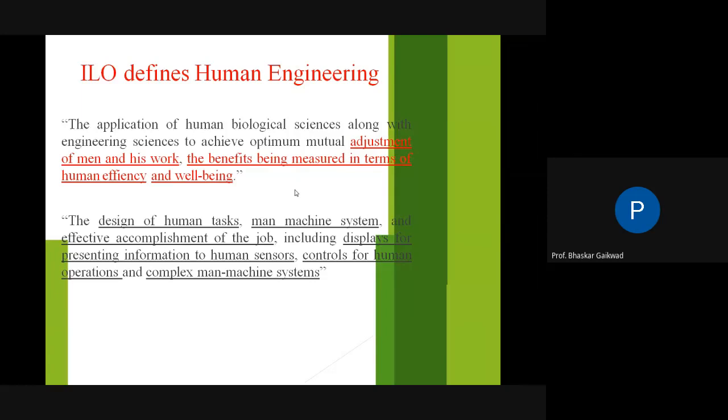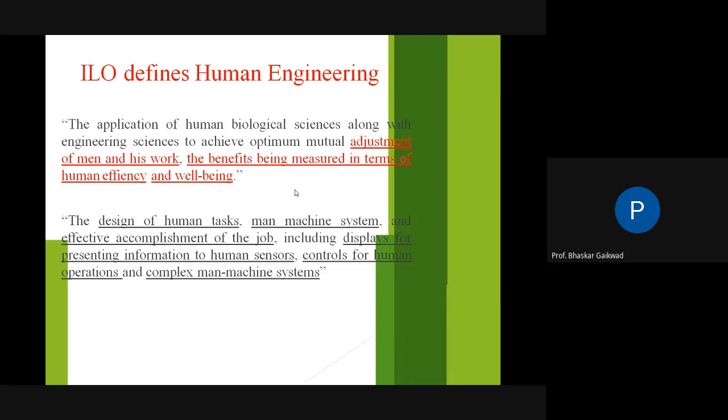As per the International Labour Organization, it is defined as human engineering. In this, the application of human biological science along with engineering science to achieve optimum mutual adjustment of man and his work, the benefit being measured in terms of human efficiency and well-being.